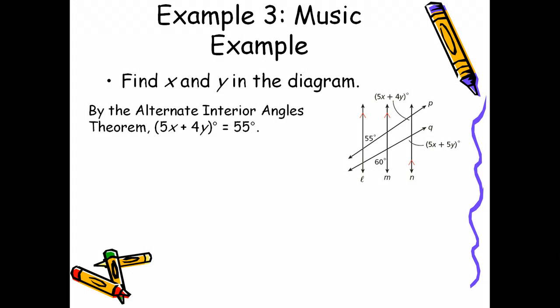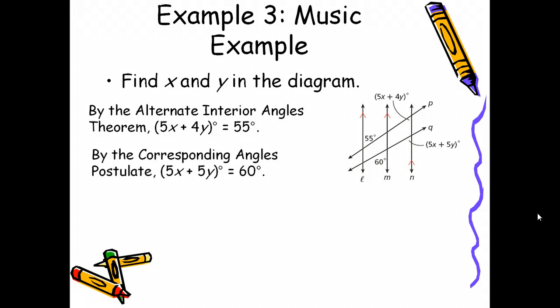By the alternate interior angles theorem, 5x plus 4y equals 55 degrees. If we're looking at this line P as our transversal, then we have alternate interior angles. By the corresponding angles postulate, 5x plus 5y equals 60 degrees.